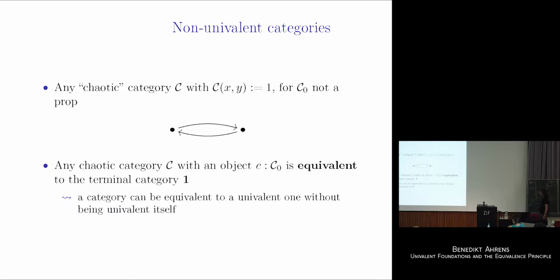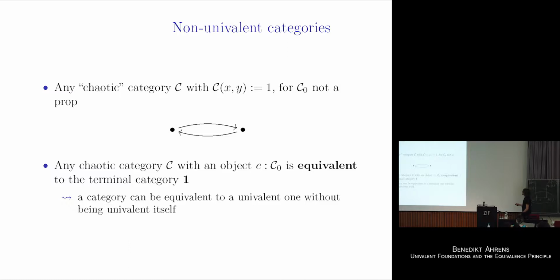One important non-property, however, is that being univalent itself is not invariant under equivalence of categories. So we can have two equivalent categories, one of which is univalent and one is not. So this is maybe the smallest example of a non-univalent category.